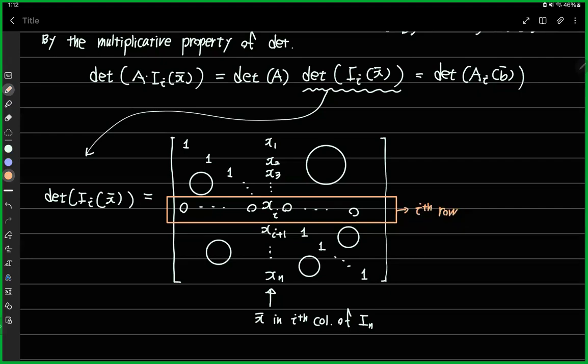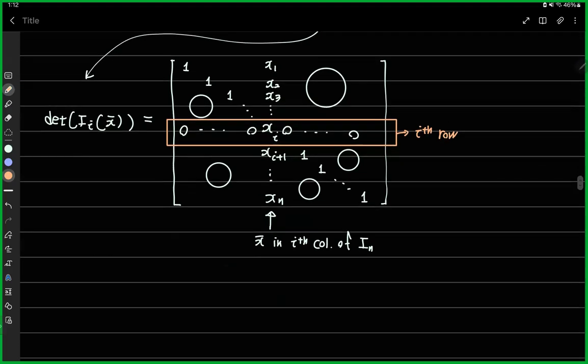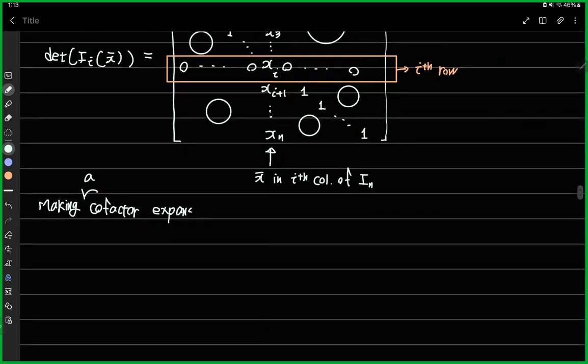All right, so we're going to make a cofactor expansion along the ith row.